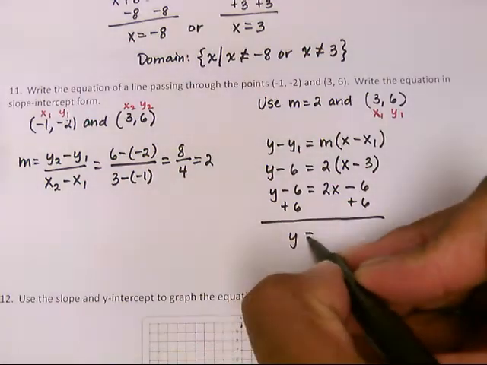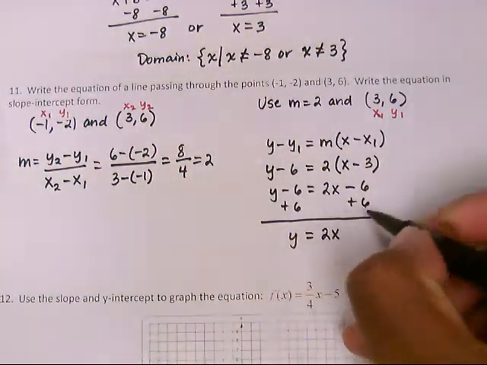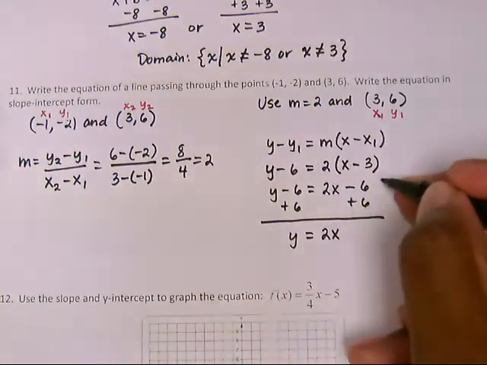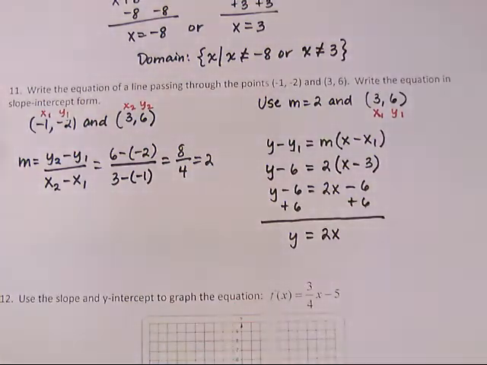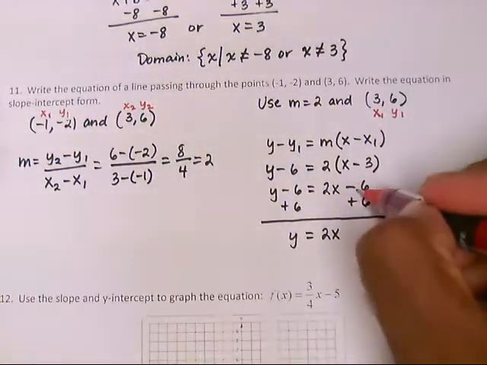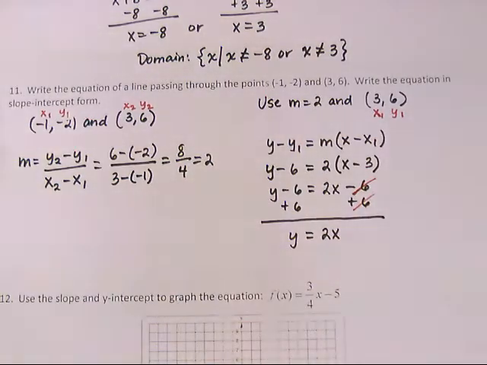So I have the y by itself, that's equal to 2x. Here, -6 and +6, they're gone. So I'm left with just simply y is equal to 2x as the equation of the line passing through those 2 points, -1, -2, and 3, 6.